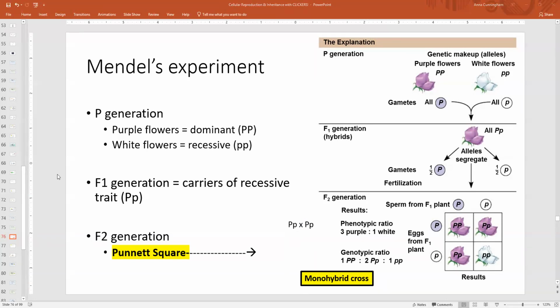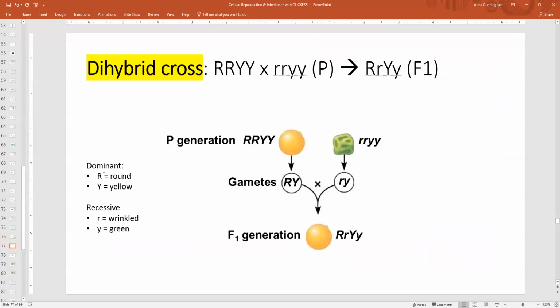So, unfortunately, we can also use Punnett squares to look at inheritance patterns of more than one trait. And in this case, we're going to talk about a dihybrid cross, which is talking about di meaning two, two traits.